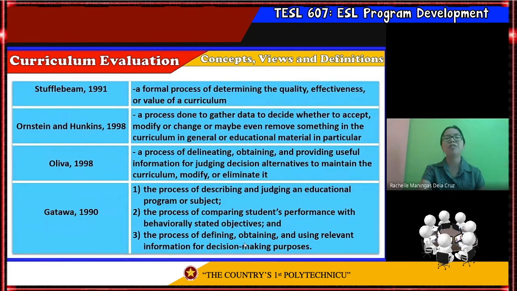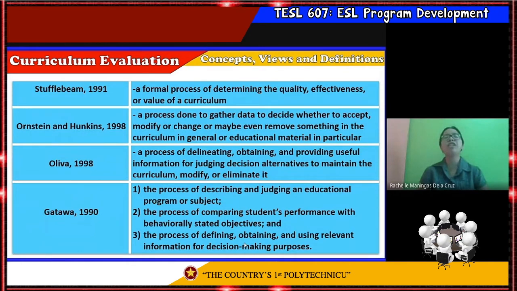Oliva in 1998 defined curriculum evaluation as a process of delineating, obtaining, and providing useful information for judging decision alternatives to maintain the curriculum, modify, or eliminate it.